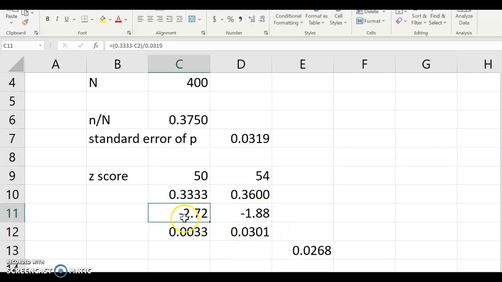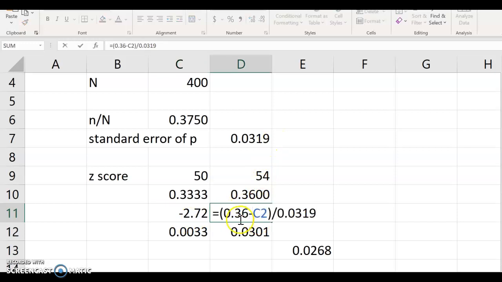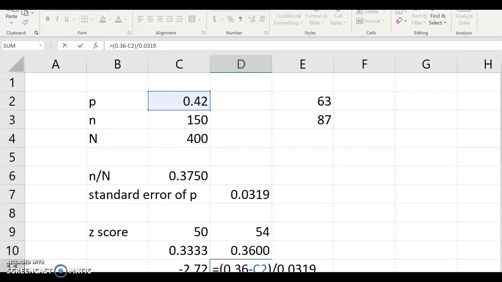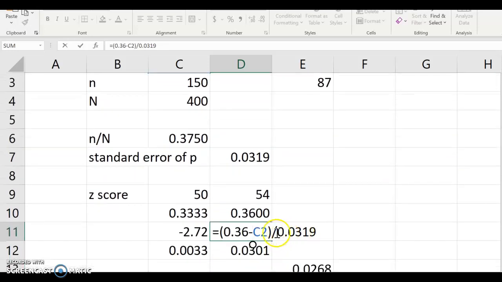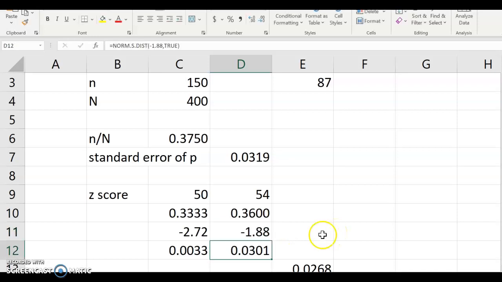Okay, so there's your z-score. For this one, you're going to do the same thing, except you're going to say 0.36 minus C2, which is your population proportion of 0.42, divided by the standard error of the proportion. So these are your two values.